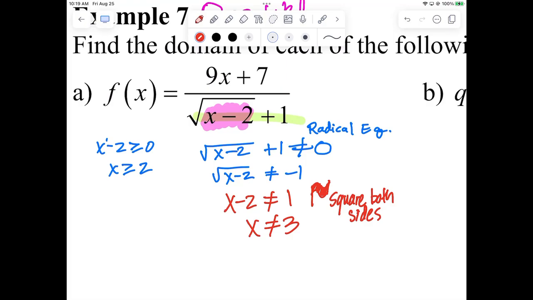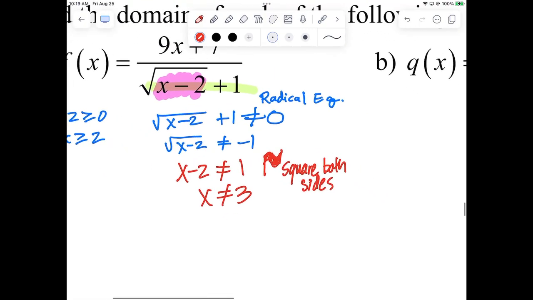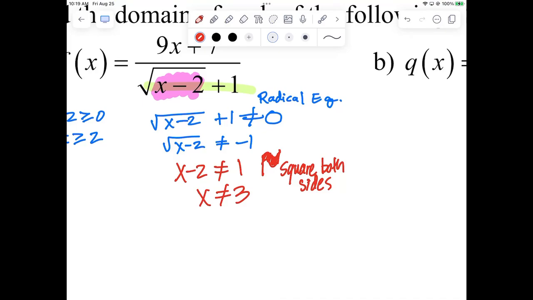If you're ever solving a radical equation and you square both sides, it turns out that you introduce the possibility of extra solutions that are erroneous. Do you remember what those are called? Yeah, extraneous solutions.